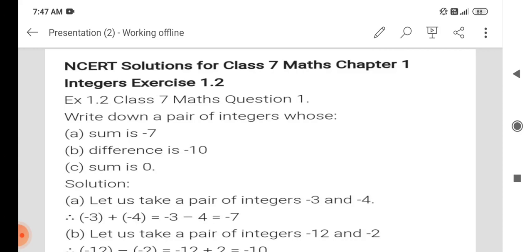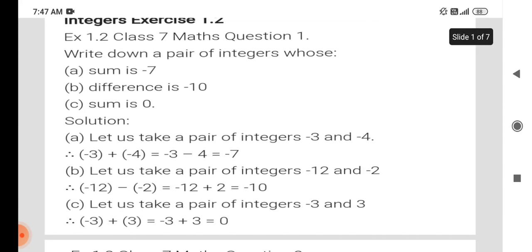Okay, so you make a pair whose sum is minus 7. It's your choice. You can take any integers, positive or negative, and sum them to get the answer minus 7.